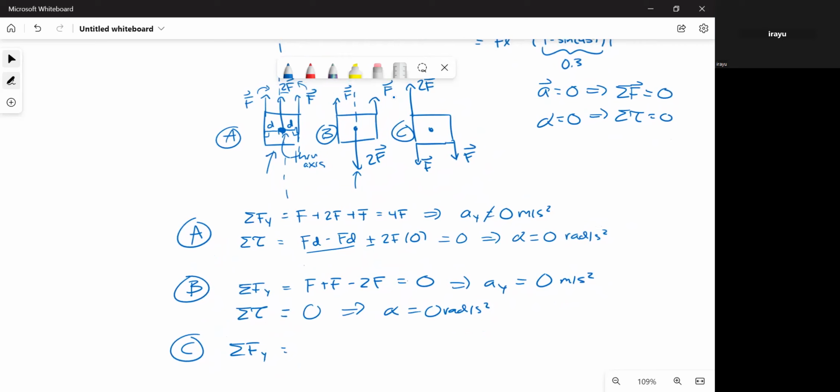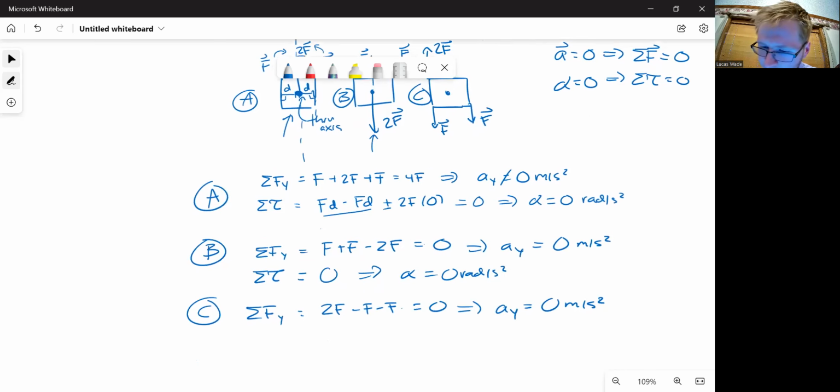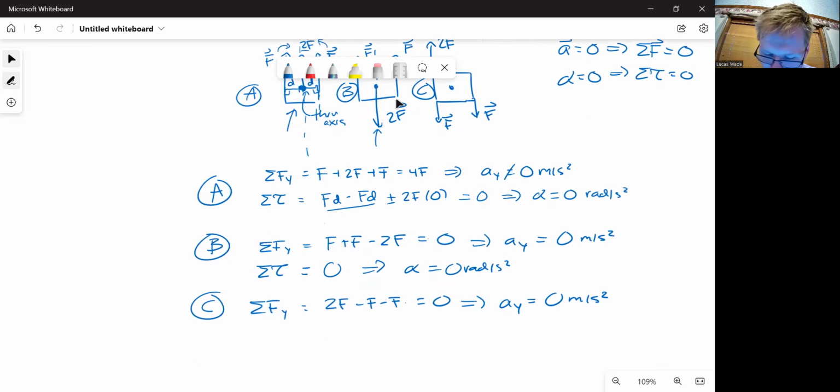Is it 0? It is 0 because we've got 2F acting upward minus F. That's 0 newtons. And so the acceleration is 0 meters per second squared. It is not accelerating linearly.